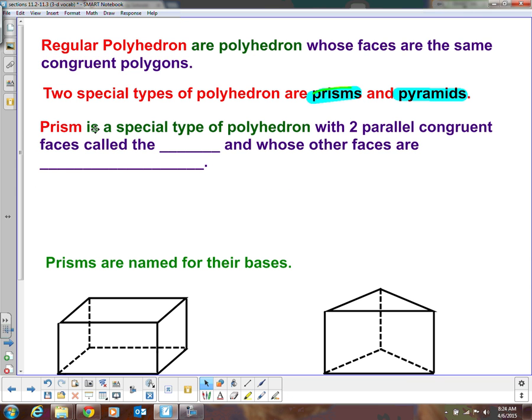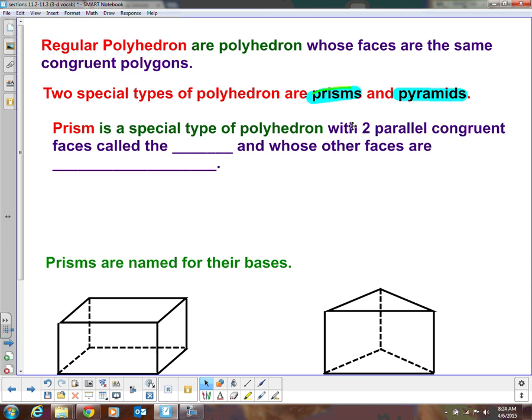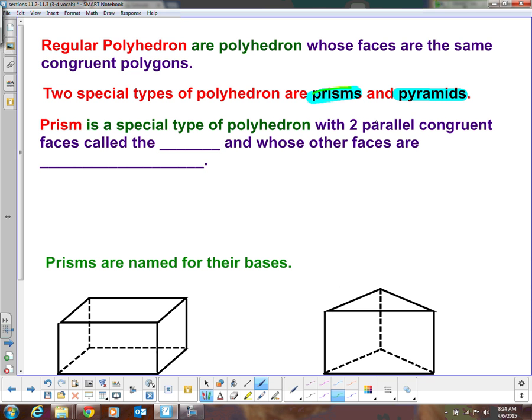So a prism is a special type of polyhedron with two parallel congruent faces, and instead of faces I would prefer to say bases.